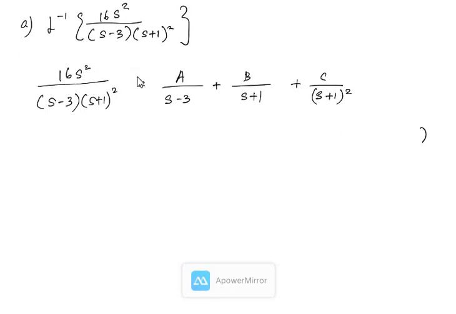Then we move the whole denominator to the right-hand side, so we have 16s squared equal to A(s plus 1) squared.